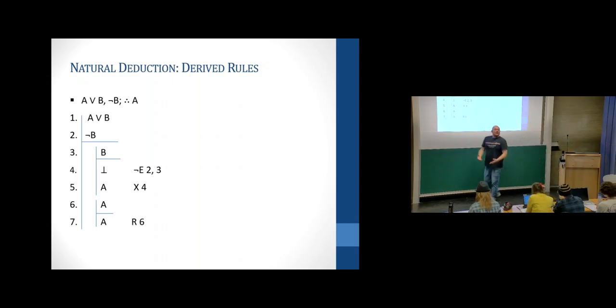Big brain move. So now, looking at our two subproofs, they show us that if we start with the left-hand disjunct, we can get to A. And the other subproof shows if we start with the right-hand disjunct, you also get to A. So what can we get at line 8? We can get A. And what's the rule that we'll use at line 8?